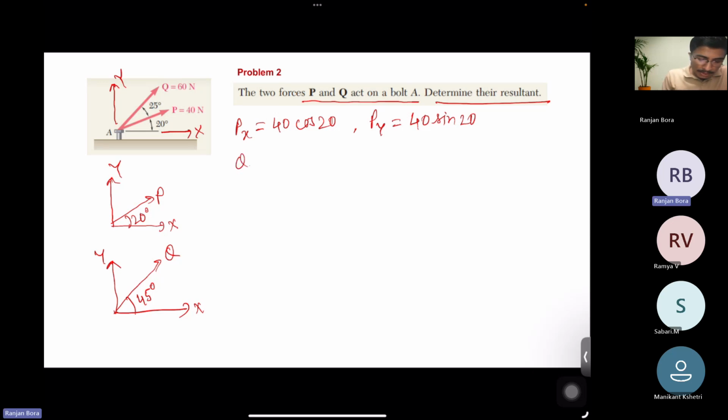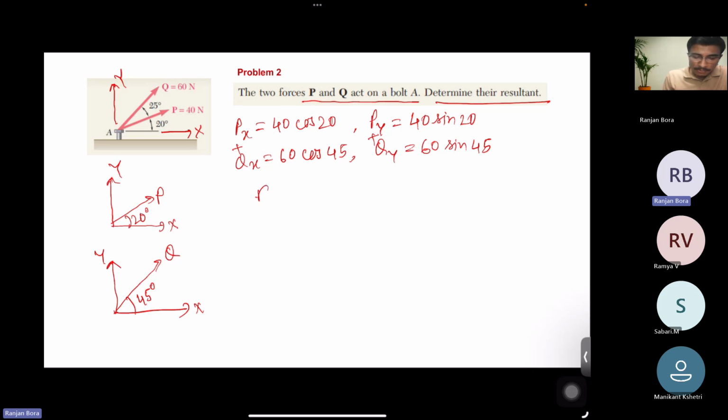Similarly, Q is 60, so Qx will be 60 cos 45 and Qy will be 60 sin 45. So we have got the x components and y components of these individual forces. Now we need to add these components: the two components in the x direction and the two components in the y direction, to get the resultant component in the x and y direction.